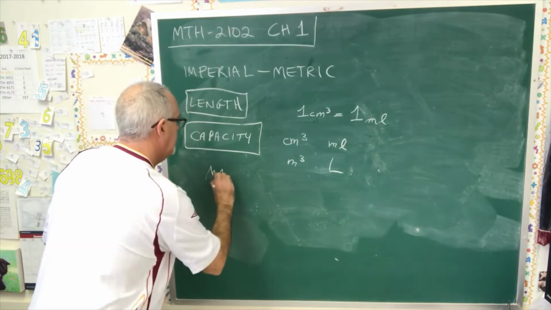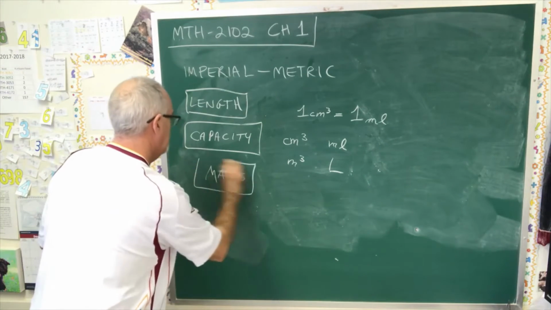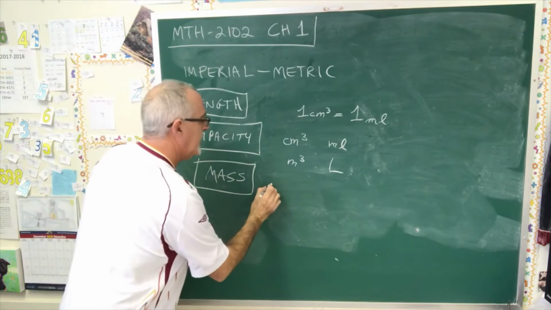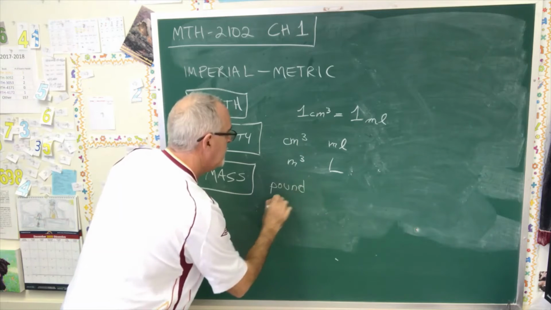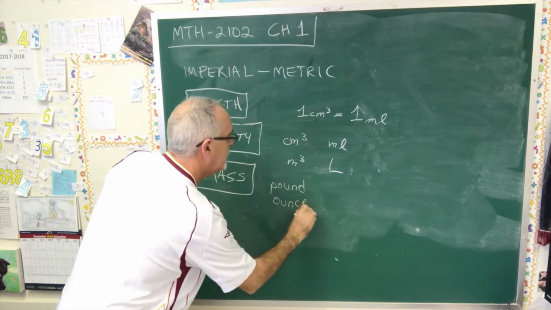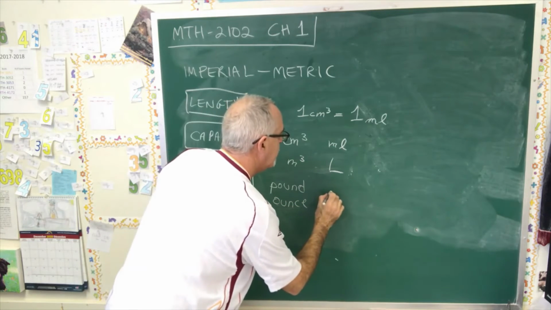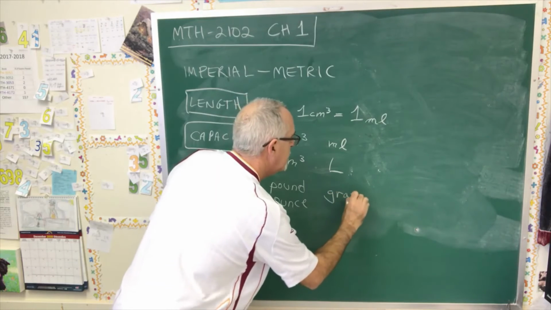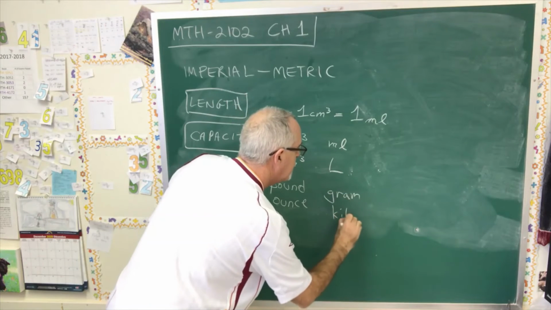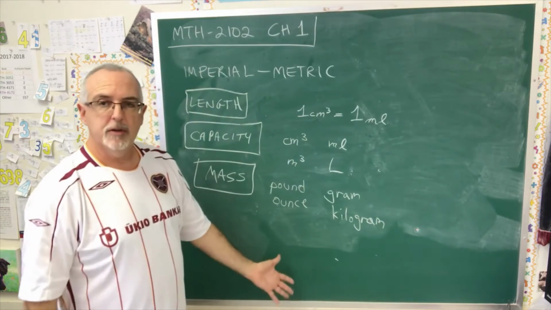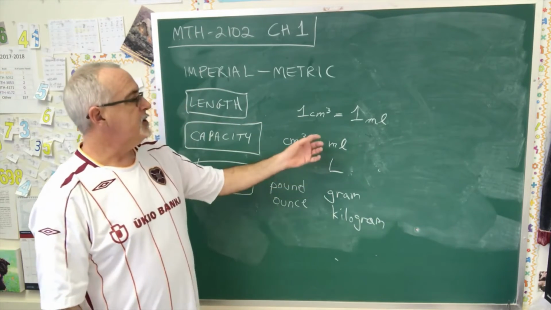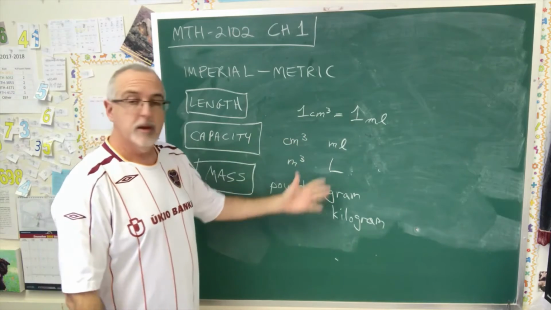Mass. So for mass, we have in imperial the pound, the ounce. In metric, we have the gram, the kilogram, and there are conversion factors that go with these. There are conversion factors besides this easy one that go with these.